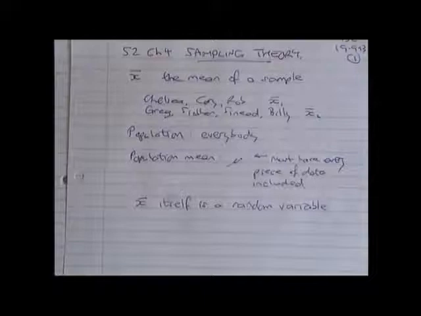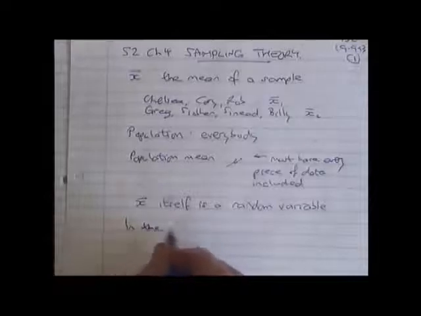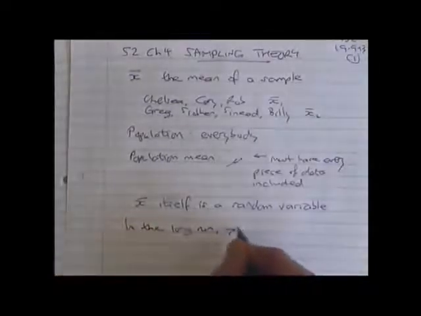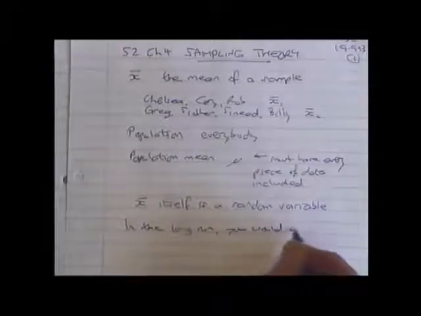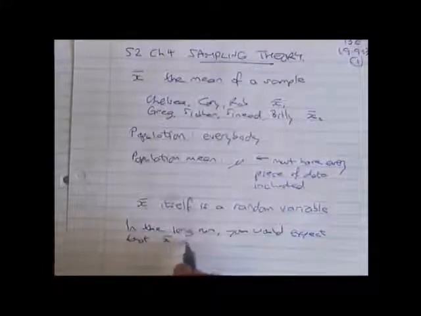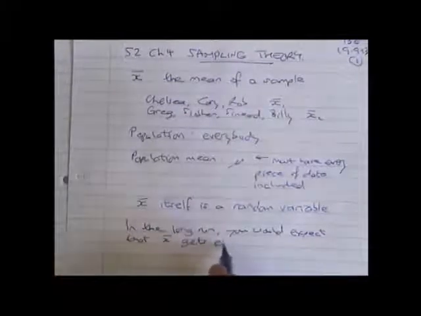X bar bar? Mu. Yeah, it should get close to mu really, okay? So in the long run, you would expect that x bar gets close to mu.